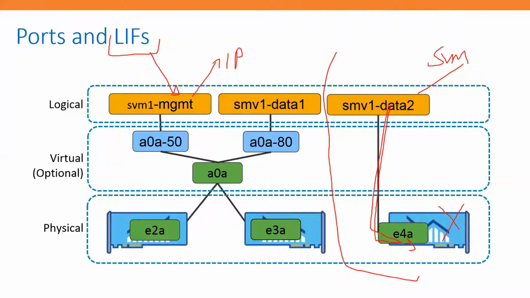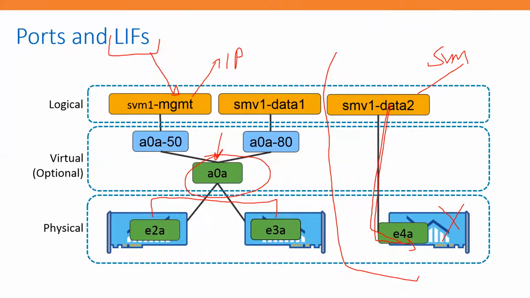So what we generally do in the real world is we group multiple physical ports and make a group of ports, something like NIC teaming, or there are different terms we use, and then let the SVM point to this group, or the logical interface point to this group. What is the benefit?